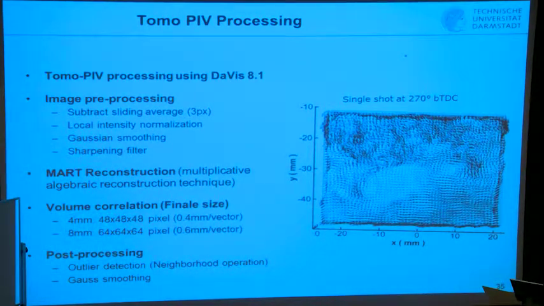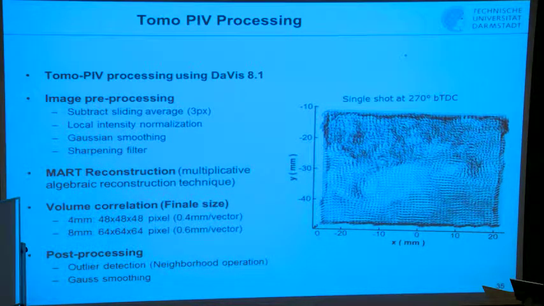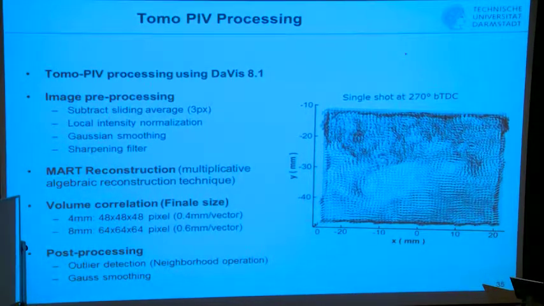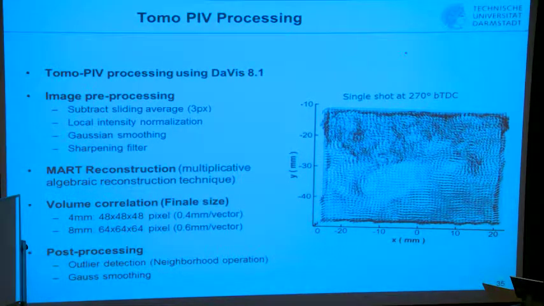And here what you do is an outlier detection, because you refer to the neighborhood, what the surrounding actually is, and you try to remove those vectors which seem to be not physical. And here we have also performed some Gauss smoothing such that the fields look nicer. But of course, this is a kind of low-pass filter reducing your spatial resolution, such that it's not so easy to really say what your spatial resolution is in the end.